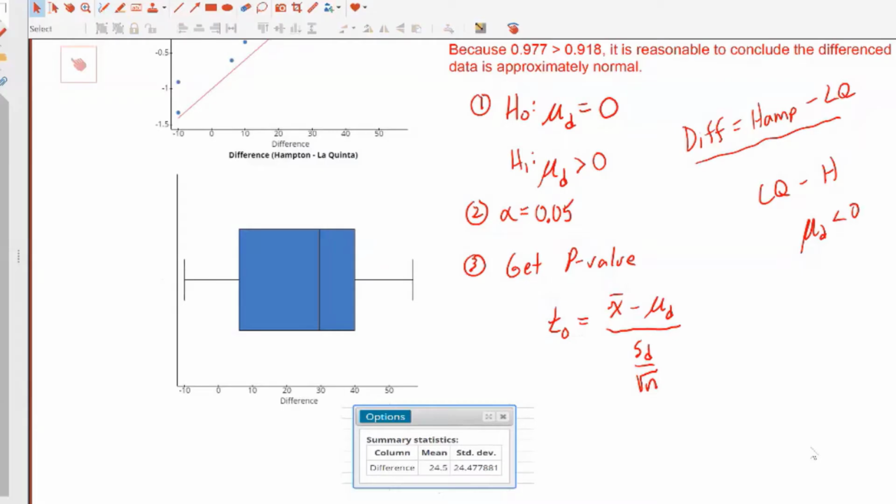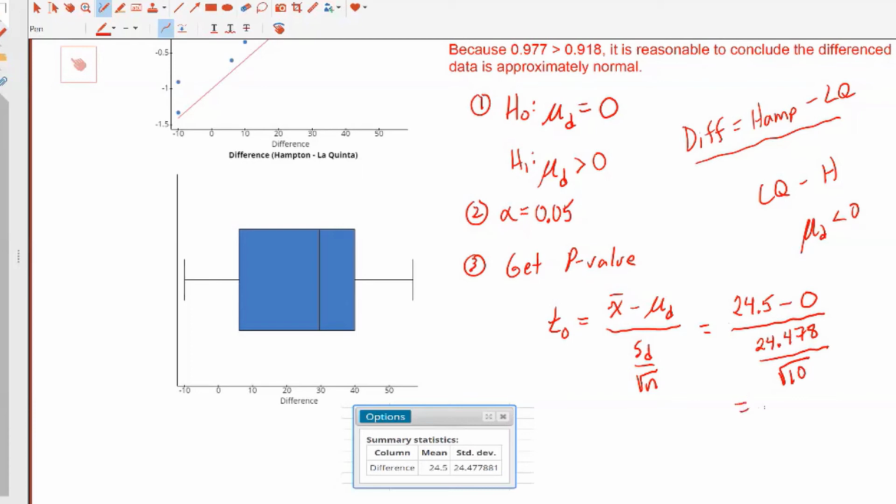You see them? So my test statistic is 24.5, the sample mean difference, minus the mean difference stated in the null, which is 0, divided by the standard deviation, 24.478, divided by the square root of the sample size, which is 10.